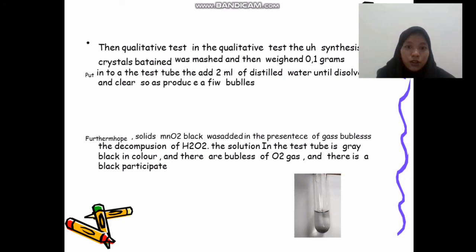Add 2 ml of distilled water until dissolved and clear, producing a few bubbles. Furthermore, solid black MnO2 was added, producing gas bubbles from the decomposition of H2O2. The solution in the test tube is grayish black in color, and there are bubbles of O2 gas, and there is a black precipitate.